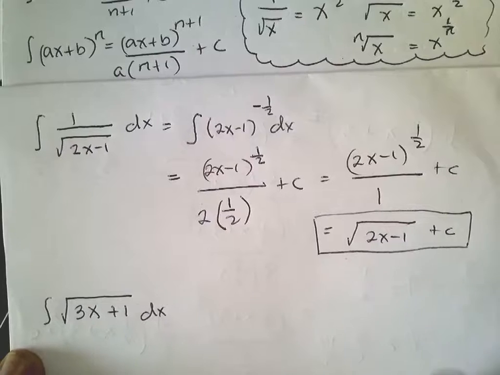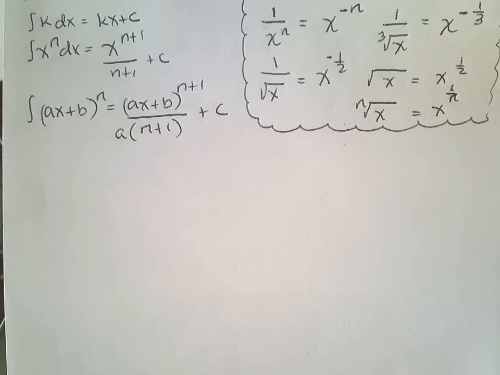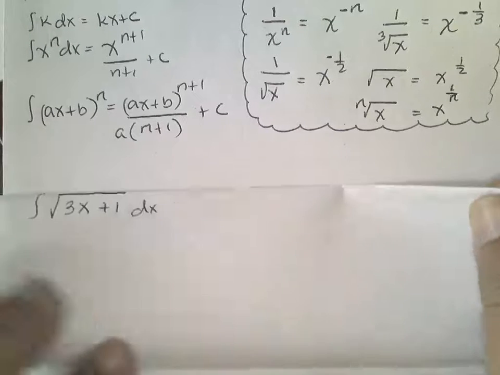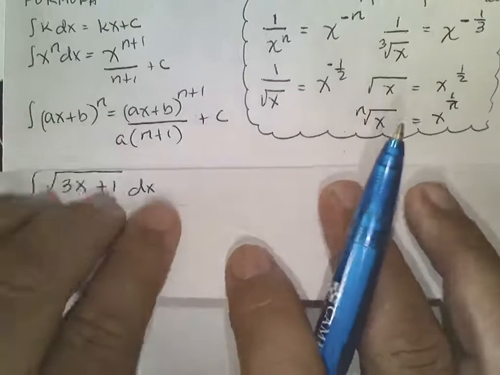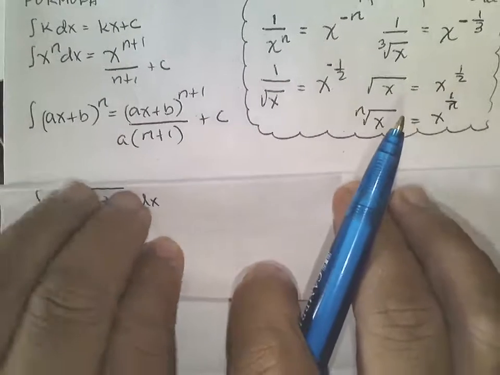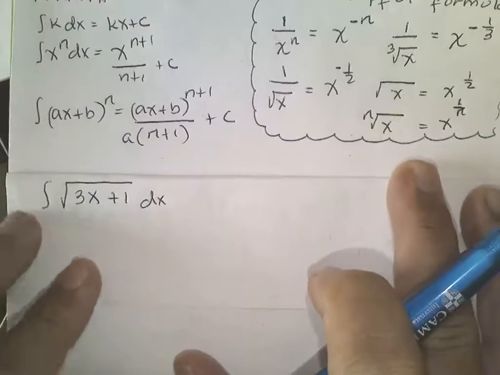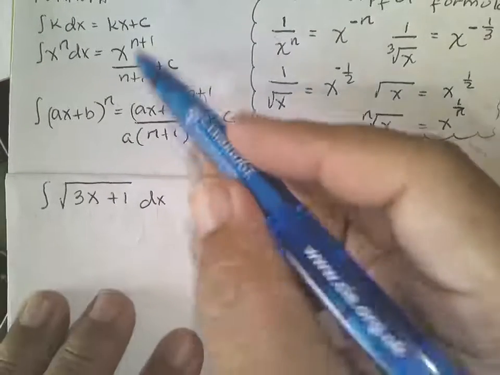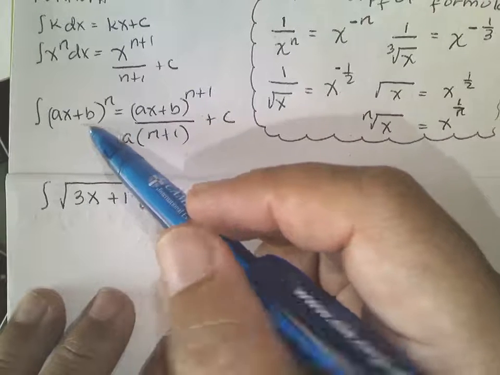Again, this is not in the format as shown in the formulas that we had. So what you're going to do is rewrite that one in such a way that it will follow these three formulas here.